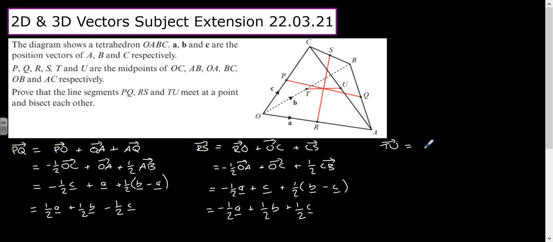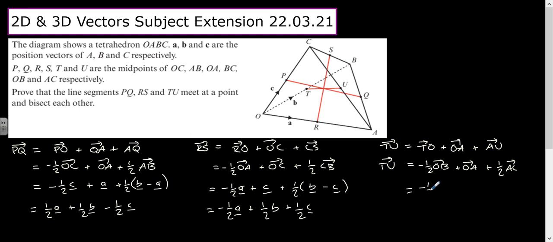So T to U, we're going to go from T to O, backwards, plus O to A, plus A to U. So TU is minus 1/2 of OB, backwards along b, and it's a midpoint of OB because we're told that in the question, plus OA, plus A to U is 1/2 of AC, and we can write it in terms of a's, b's, and c's now.